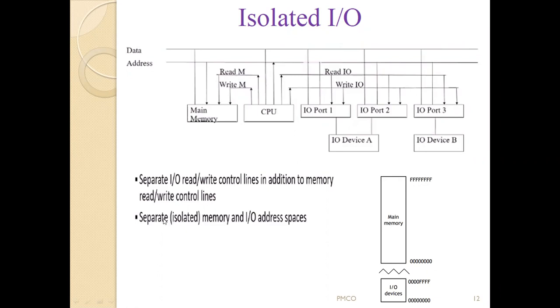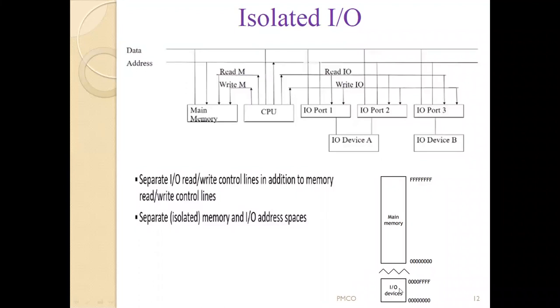And in isolated I/O, we have separate memory and I/O address spaces. In the diagram, the memory is divided into two parts and they are separated. One refers to the physical memory locations, and the I/O address space refers to the peripheral addresses.